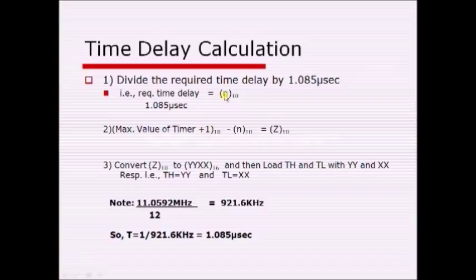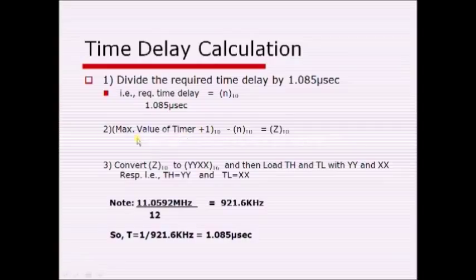Here I'm representing it with n, and it is in decimal. Now I have to subtract this decimal value from the maximum value of timer plus 1. What is the maximum value of a timer? It depends on the mode of operation. If I'm using mode 0, then the maximum value of timer would be 1FFF plus 1, which we have to calculate in decimal.